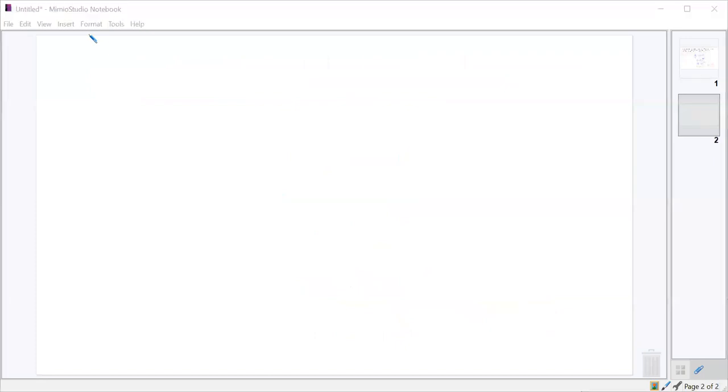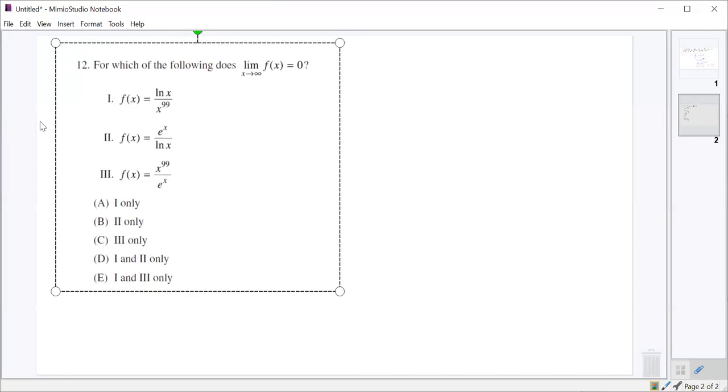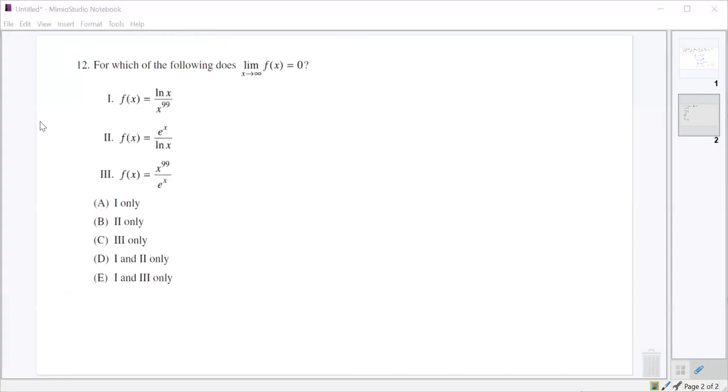Number 12 from the 2013 test will be next. This is a good one. We want to know, for which of these functions does the limit as x approaches infinity equal 0?